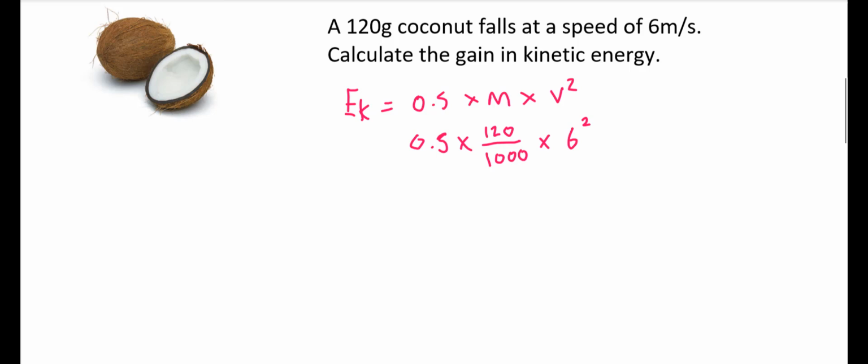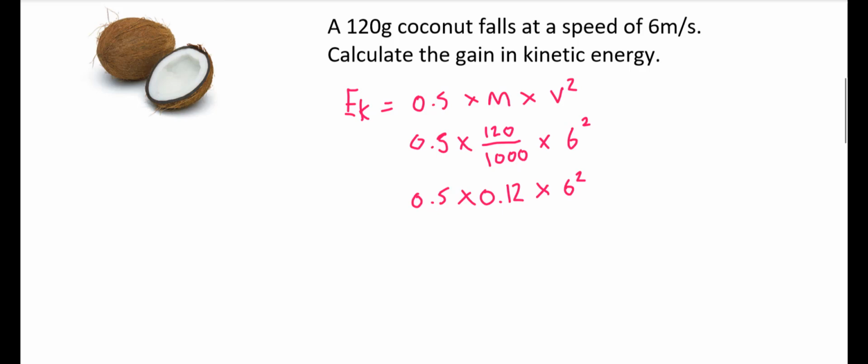So that gives me 0.5 times 0.12 multiplied by 6 squared. So all I've done here is the 120 divided by 1,000.